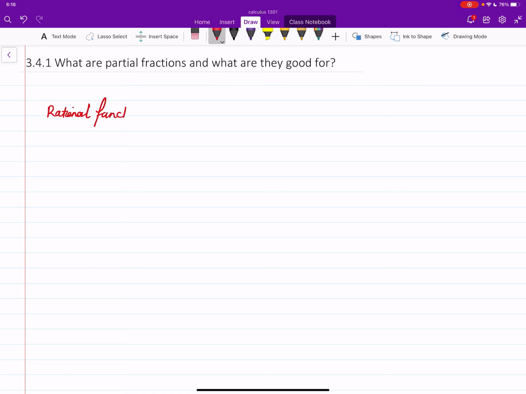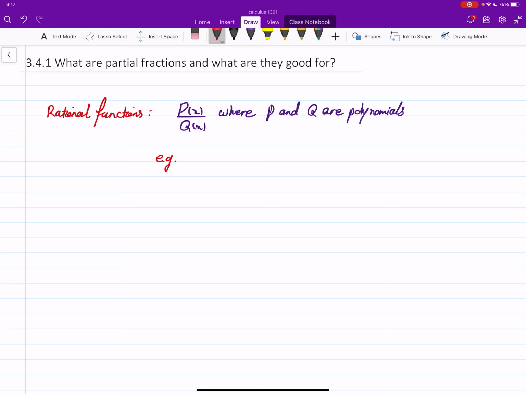What are rational functions? Rational functions are functions of the form p over q, where p and q are polynomials. In other words, in the numerator you have some numbers multiplied by powers of x and added, and in the denominator some constants multiplied by positive integer powers of x and added.